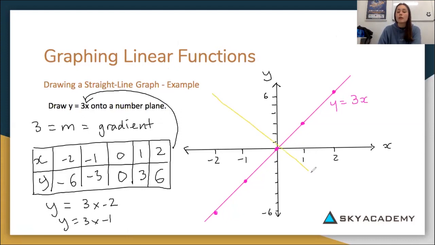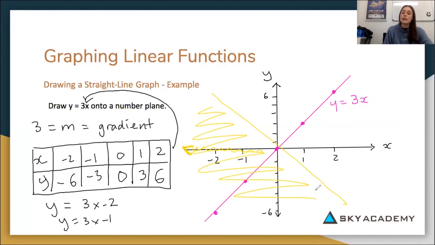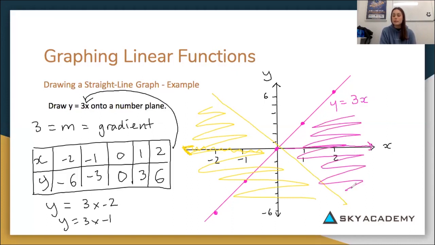So if it's negative, the values heading along the x-axis, all these values here, are going to be negative. So under our line, the x-axis is going in a negative direction. Whereas if we have a look at the pink one, which is positive, the x-axis is heading in a positive direction, and so everything under there will be positive. And so that's the difference between the two.